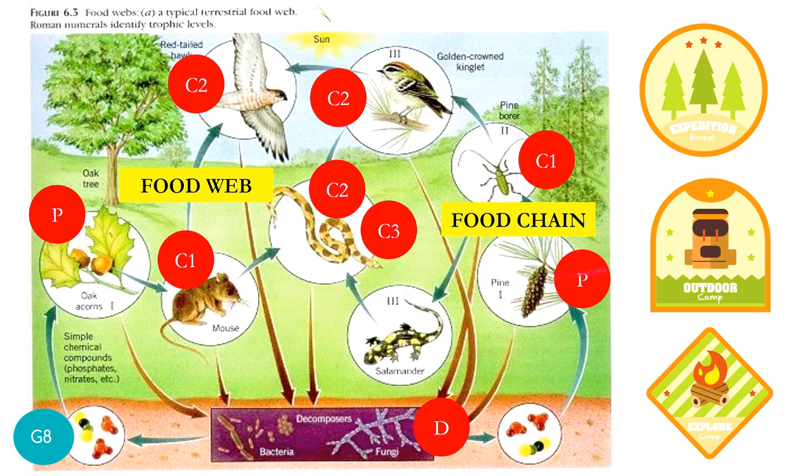If a forest fire just happened to burn all this side of pines, and they are the only producers in that ecosystem, what will happen to the primary consumers? If all the primary consumers die because they have no pine to eat, what will happen to the secondary consumers, to the kinglets, to the snakes? The ecosystem will crumble. So it's better if we have two types of producers, so that if something happens to this producer, you still have another producer to sustain the ecosystem.